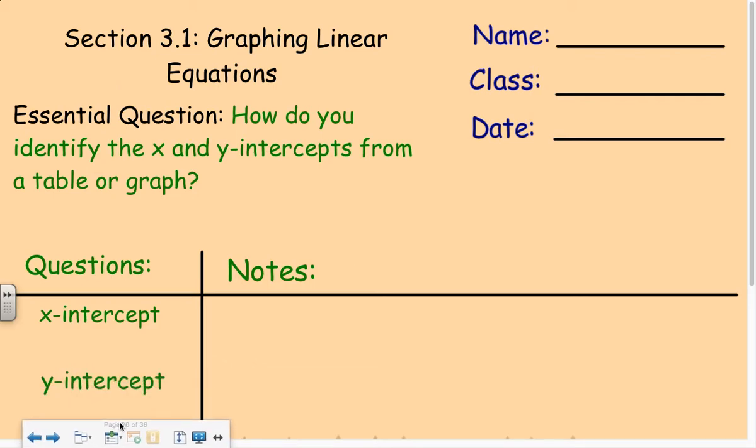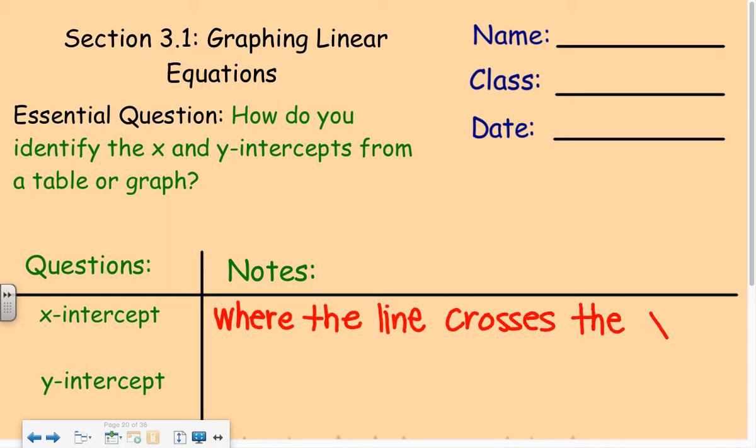Well, the x-intercept is where the line on the graph crosses the x-axis. So x-intercept, where does it cross the x-axis?